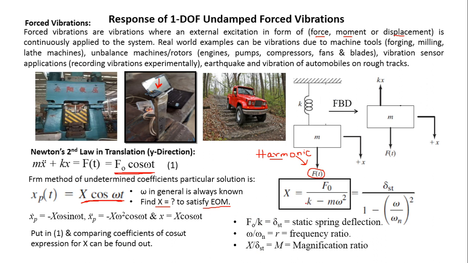So what we have to do is take this k common from the denominator, so that we can write in the numerator F naught upon k. So we see that F naught upon k is actually delta st, which is the static spring deflection.